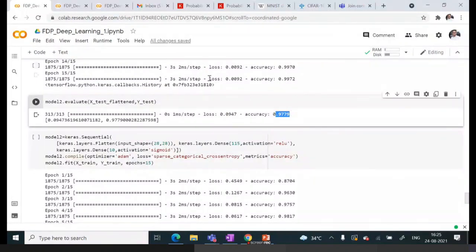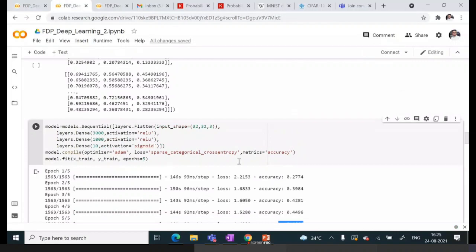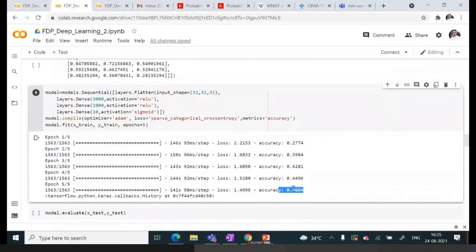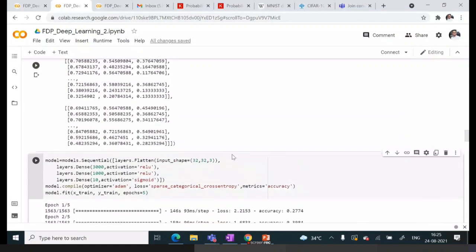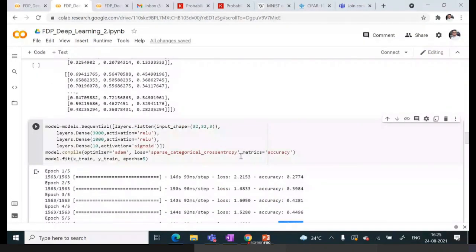But something is missing here, where we have seen that the accuracy is only 46%. The problem is difficult, but still we expect our automated system to work better for this kind of problem also. So now we need to think about its solution. That is the motivation for learning the next topic.